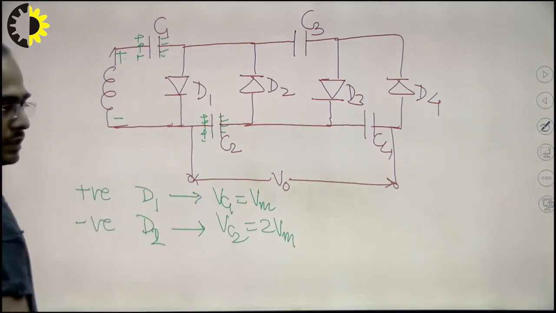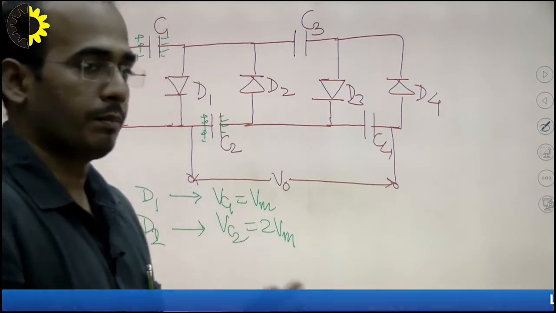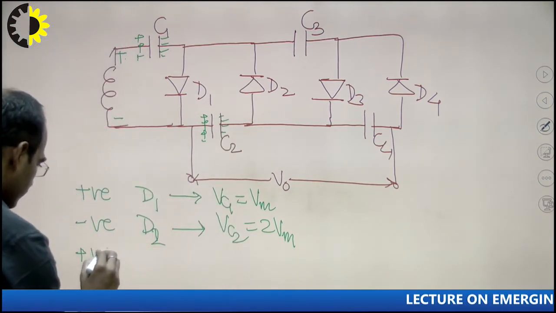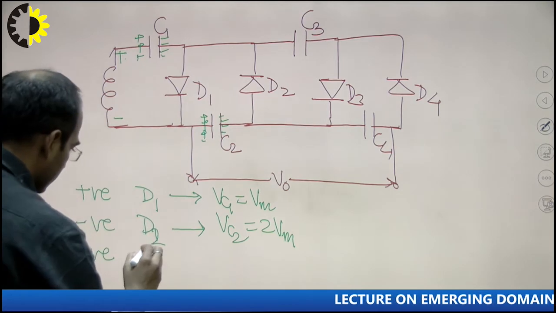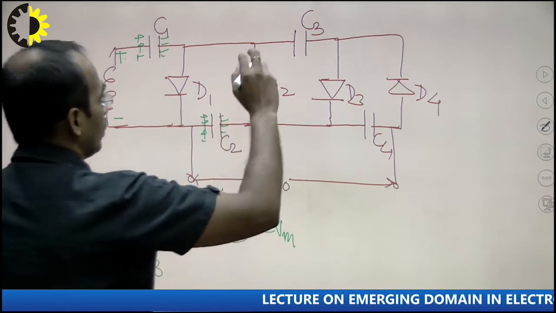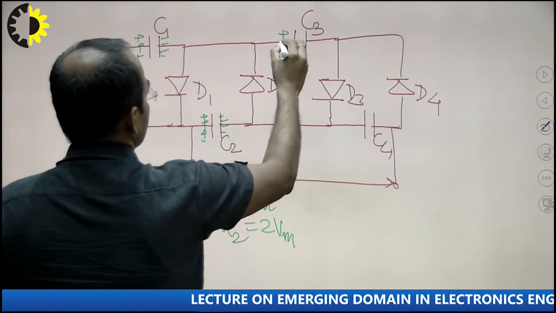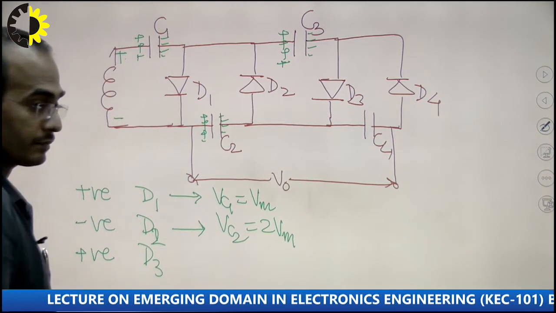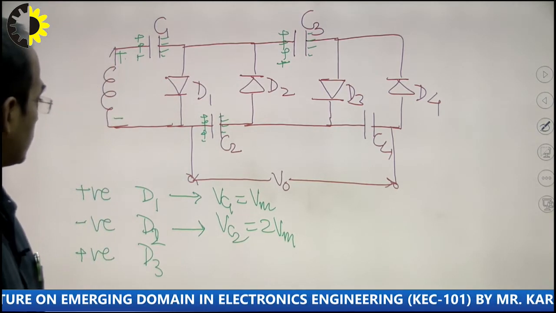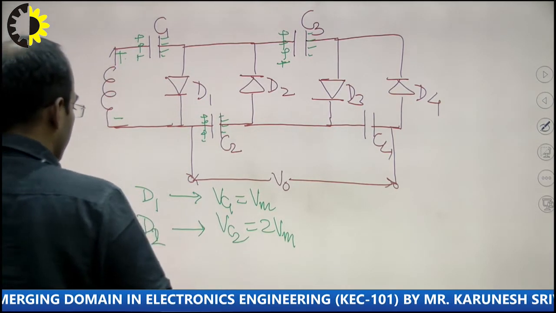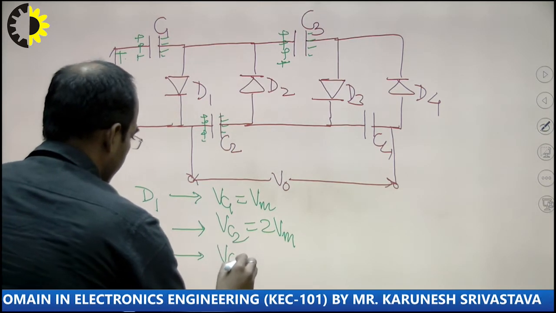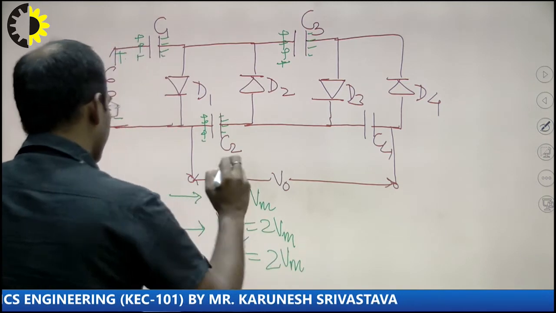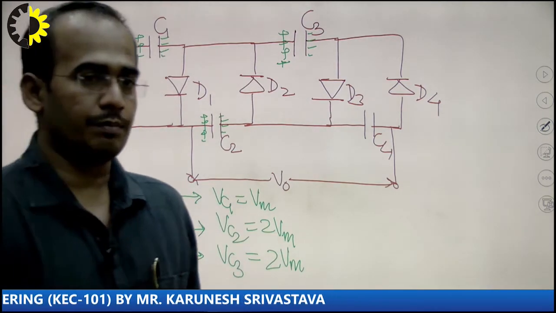That has been already discussed in voltage doubler and voltage tripler circuit. Next half cycle, that is positive half cycle, will come, and diode D3 will conduct. The charge stored at the capacitor will be like this: positive charge will accumulate here and negative charge will accumulate here. In this case diode D3 will conduct and the voltage across the capacitor Vc3 will be equal to twice of Vm. This has been already discussed in voltage tripler circuit.